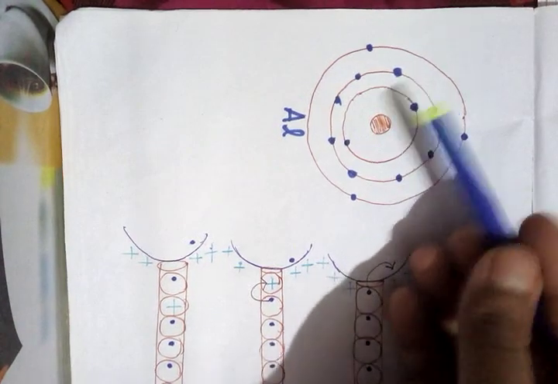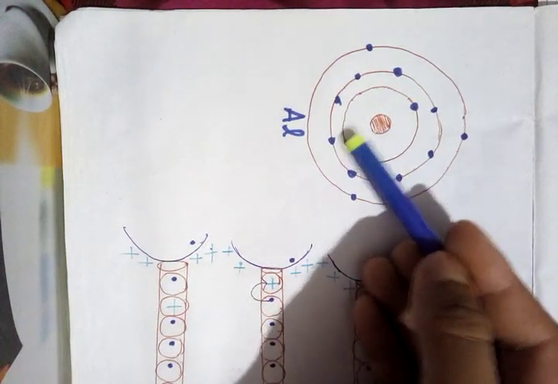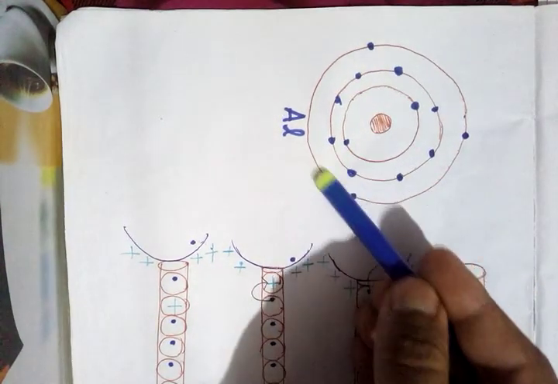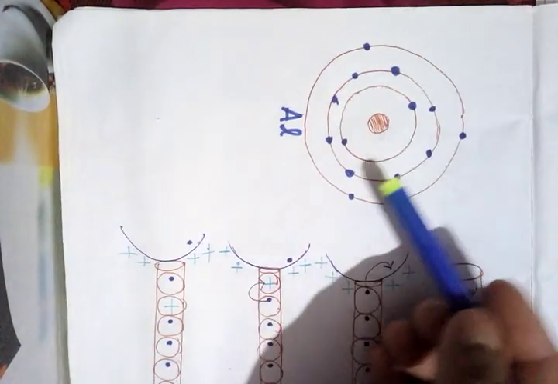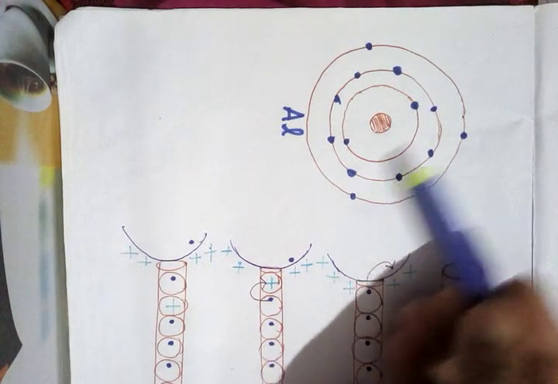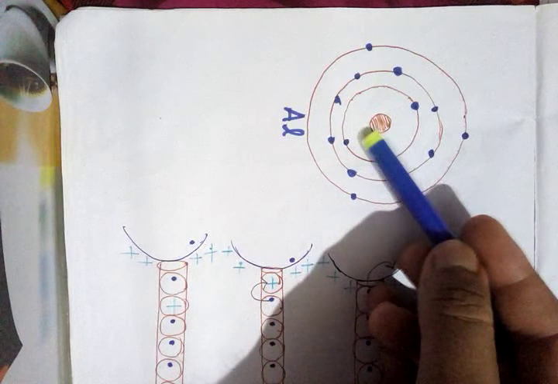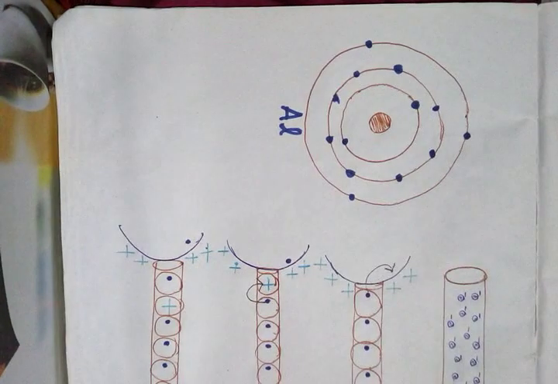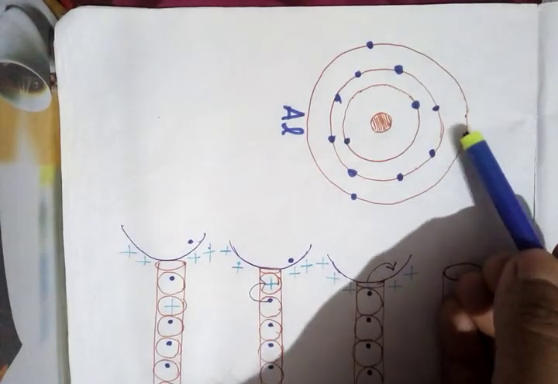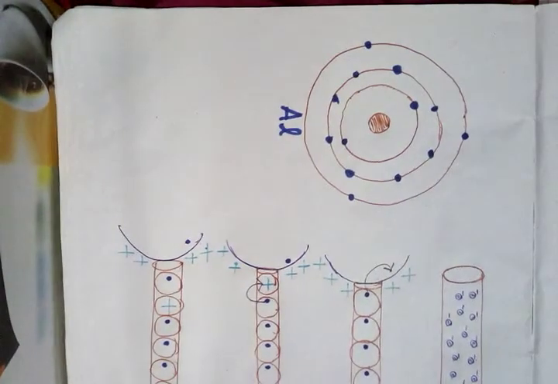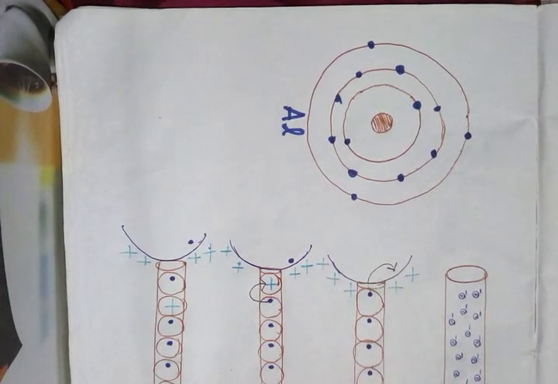At K shell, 2 electrons. At L shell, 8 electrons, and M shell, 3 electrons. These 3 electrons are loosely connected with the nucleus. That means we can make these electrons free very easily. So in aluminium we can get free electrons very easily.